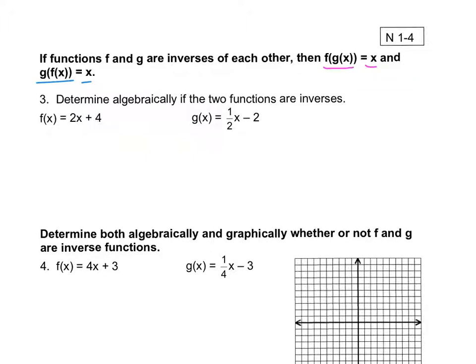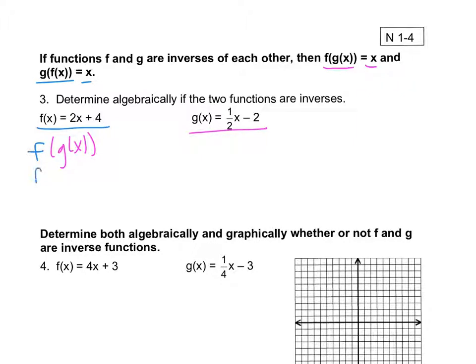So I'm going to start out with function f. F of x equals 2x plus 4. And then g of x equals 1/2 x minus 2. So I'm going to start out with doing f of g of x. Remember on composite functions, the inside is your input. So notice my function g is inside.